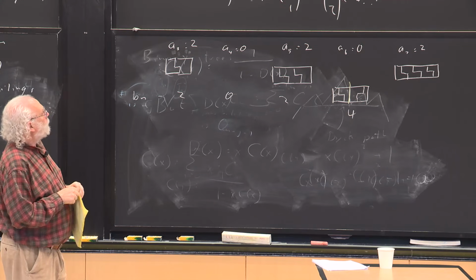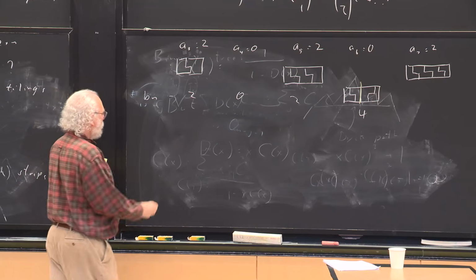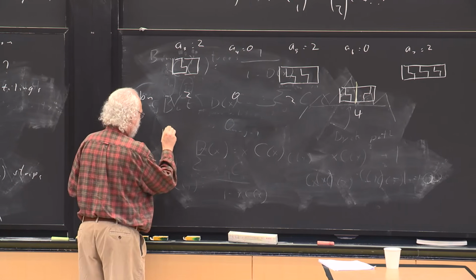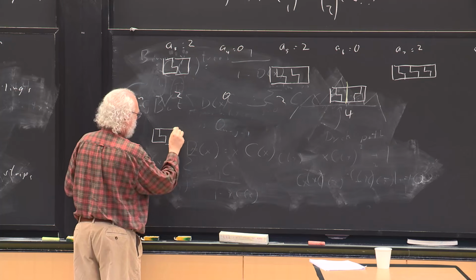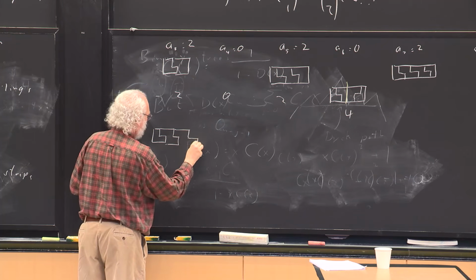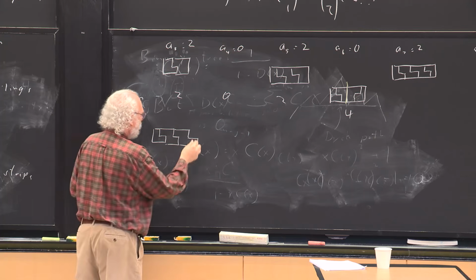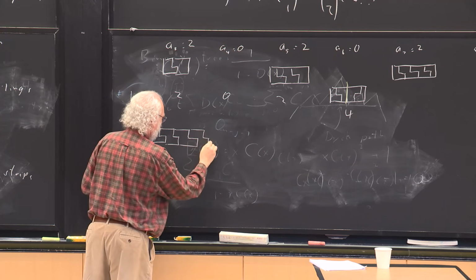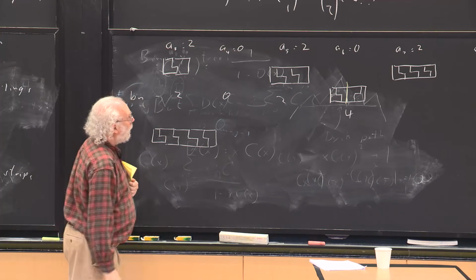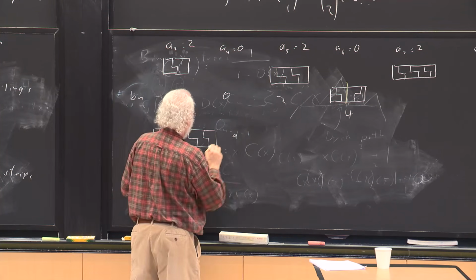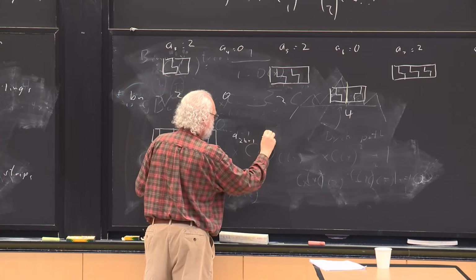So, thinking about this, if you don't want any vertical lines, the only way to get an A tile is to start with an L and put all these Z tiles next to it, and then end it with an L. So A sub 2k plus 1 is equal to 2.